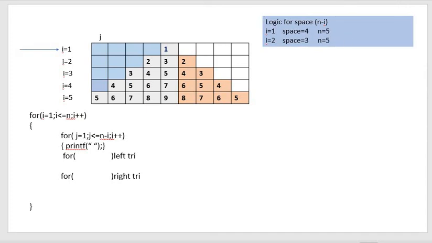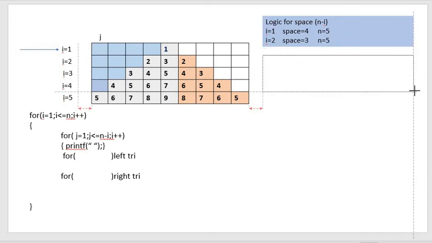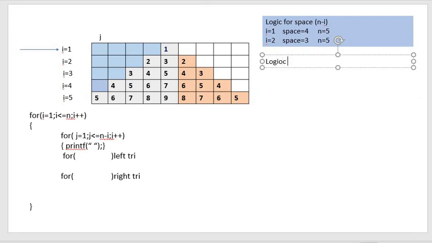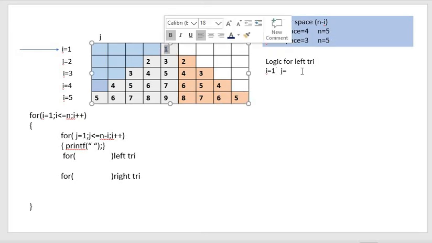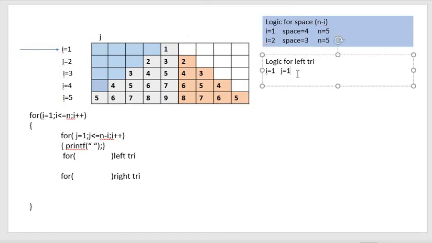Next I want to print the logic for the left triangle. How are you going to find it out? Check for I is equal to 1. J executes for 1.